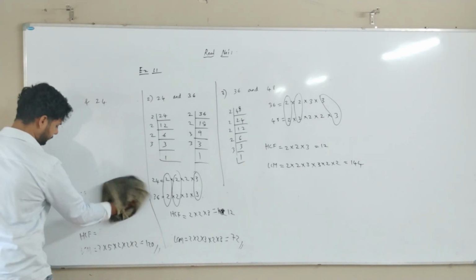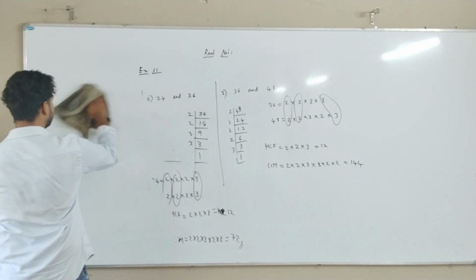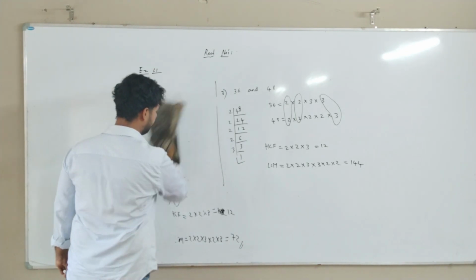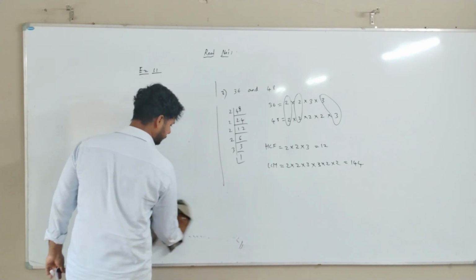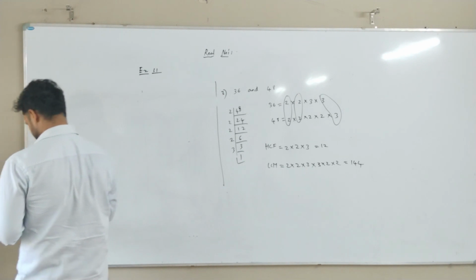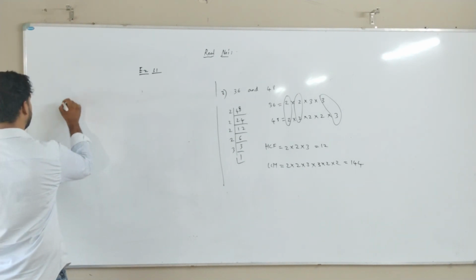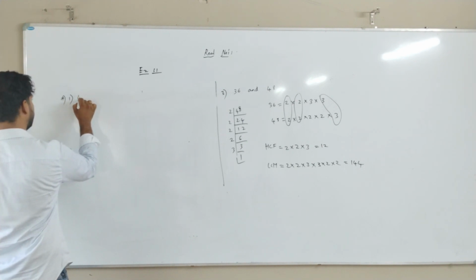Now I'll give some more sums. How many is it possible to try? The remaining answers I will send home, so at home you will see those answers. These are the questions that have appeared for the board. 48 and 64.